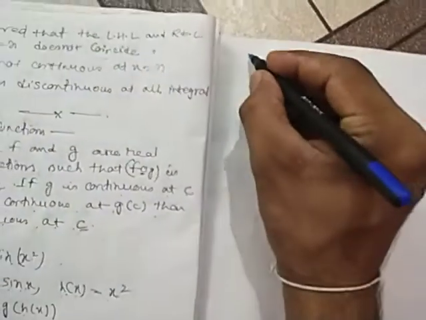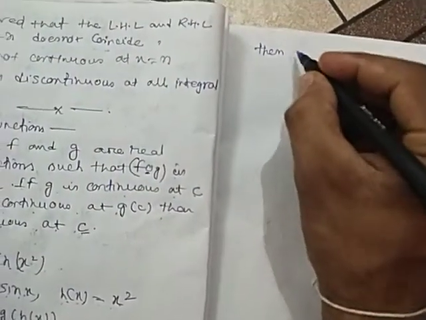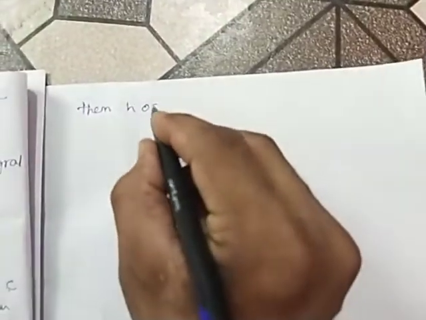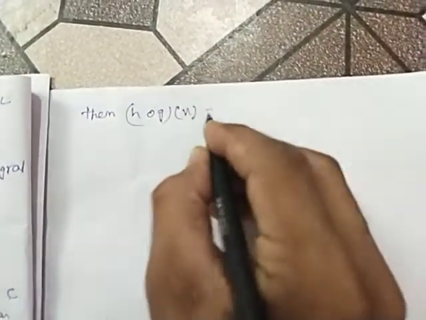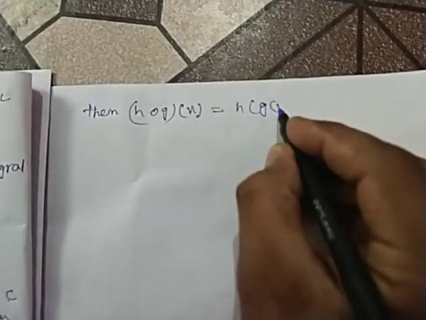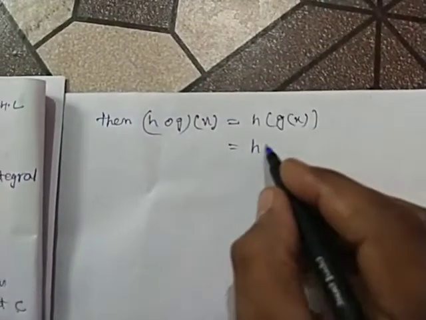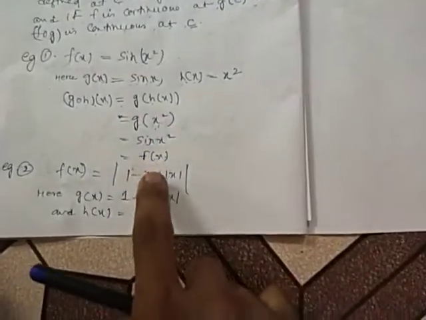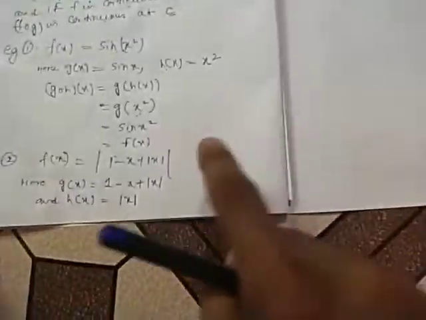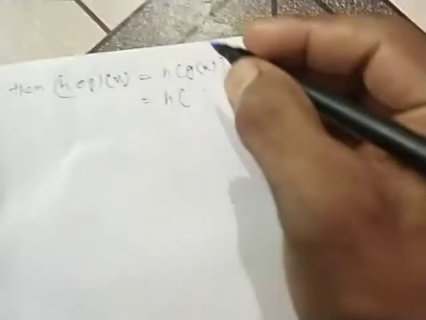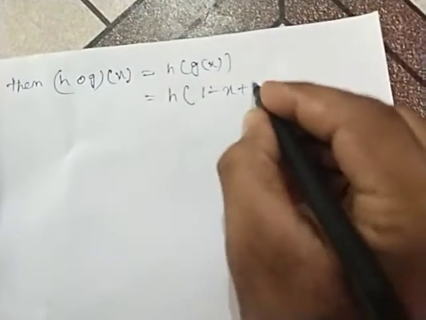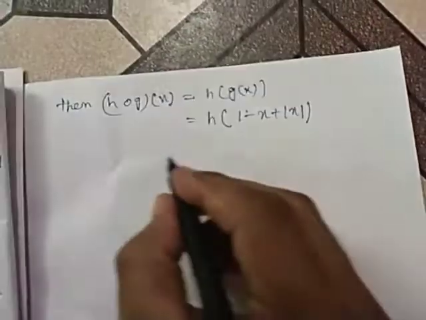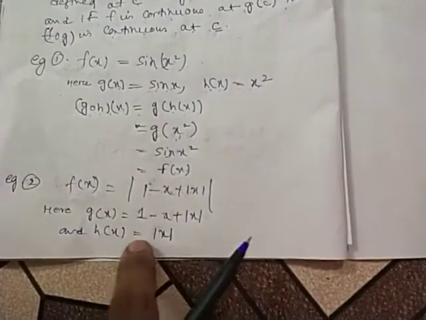Then h o g of x is equal to h of g of x. What is g of x? g of x equals 1 minus x plus modulus of x. So I will replace it here. And what is h of x? h of x equal to modulus of x.